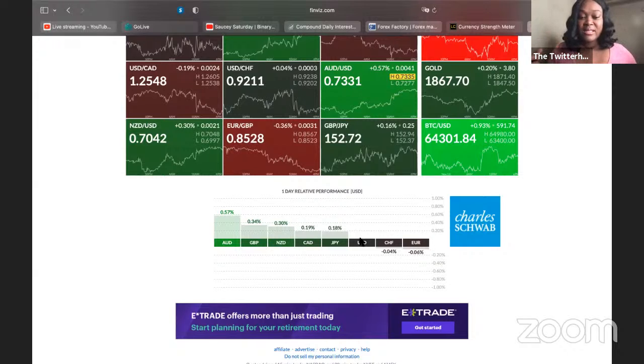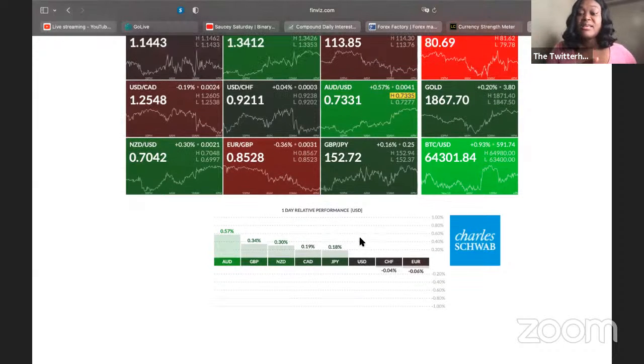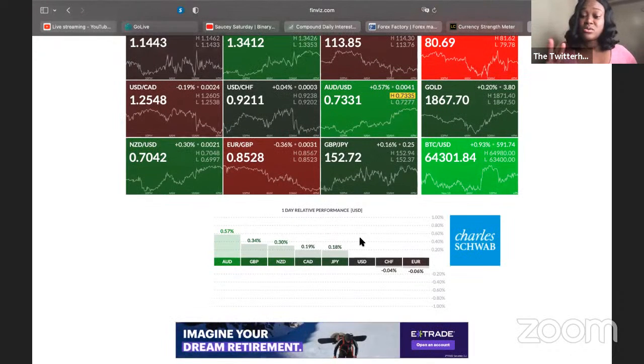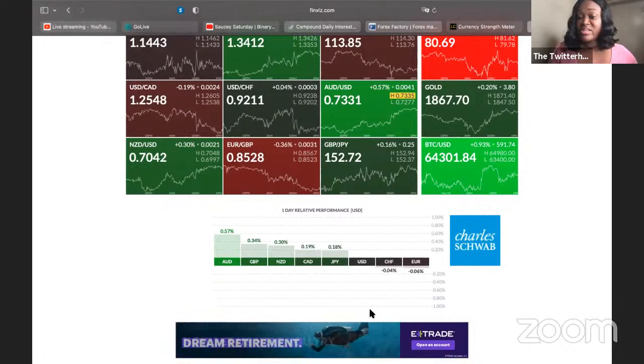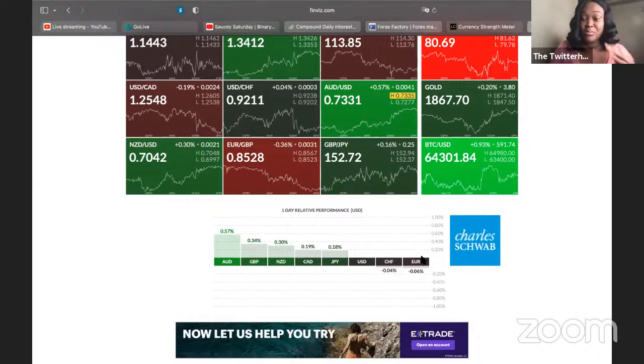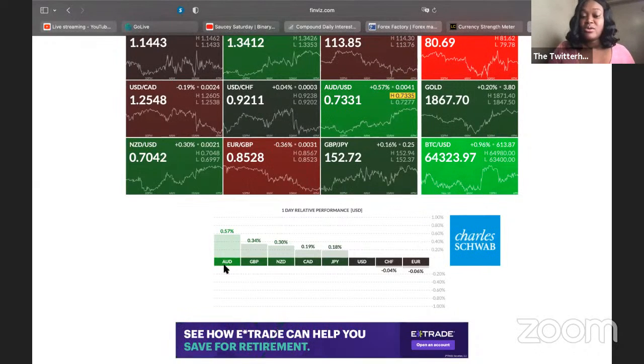On the flip side, if currency one is weaker than currency two, as in AUD is on the left here, Euro is on the right, but in the pairing, Euro comes first. It's Euro AUD. So the base is weaker, sorry, than the quote.